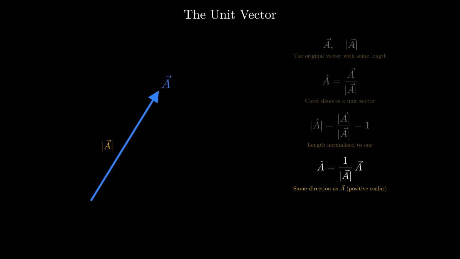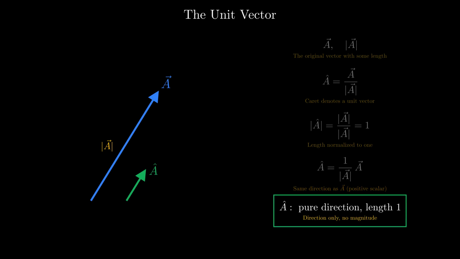Now notice that dividing by the magnitude is just scalar multiplication by 1 over the magnitude. And since 1 over the magnitude is a positive number, A hat points in the very same direction as A. So a unit vector strips away the magnitude and keeps only the direction. It is pure direction with length 1.